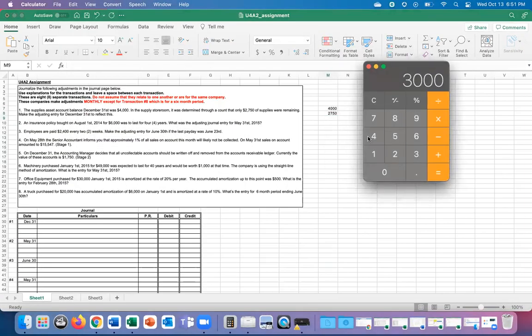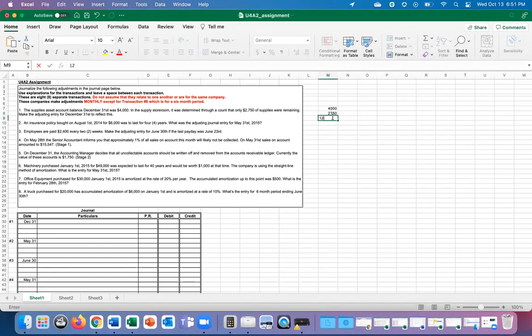So 4,000 minus 2,750 gives us 1,250. So that number, 1,250, is the value of the amount of supplies that we used up in December, in this month.